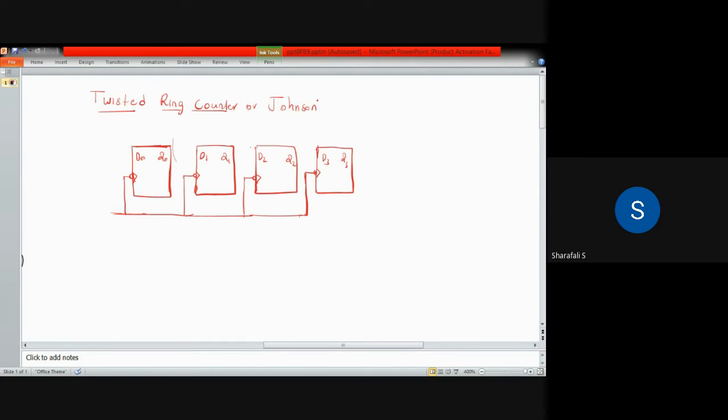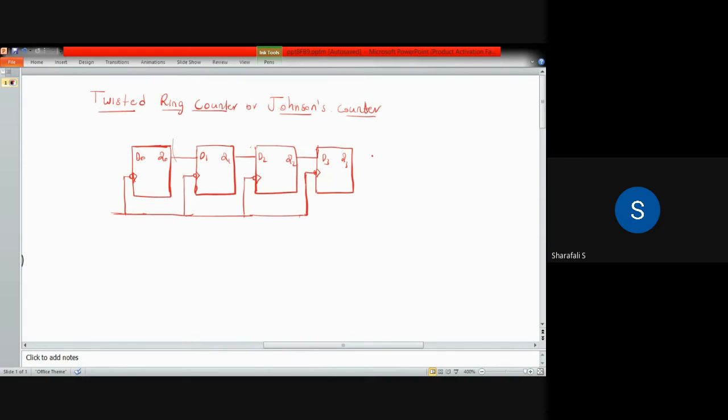Sometimes they will ask like this, Johnson's counter. In this case, the difference is that Q0 is given to D1, Q1 is given to D2, Q2 is given to D3.